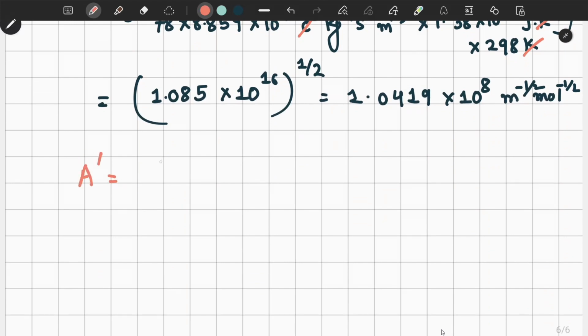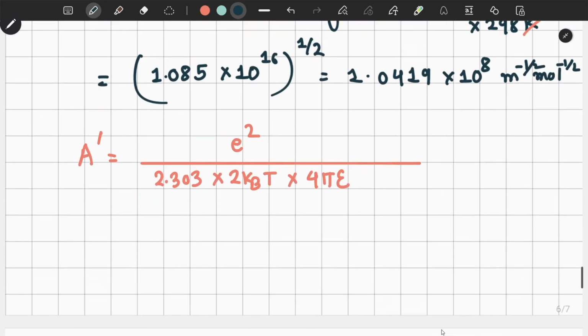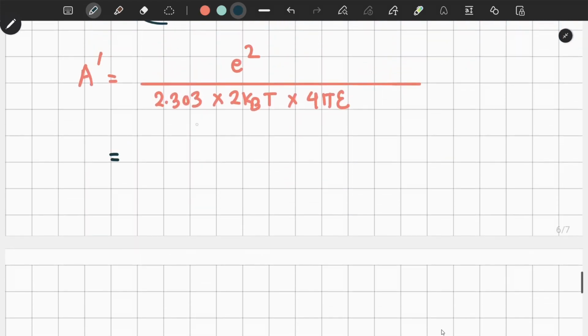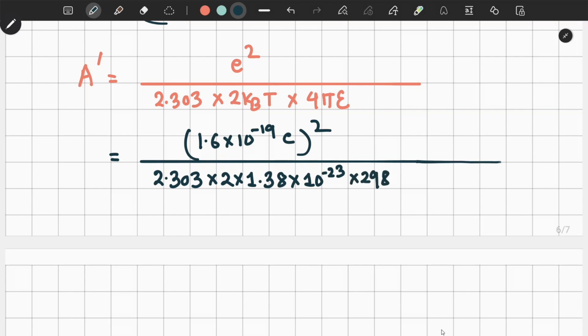A prime is, okay, just put in the values: 4 pi epsilon.